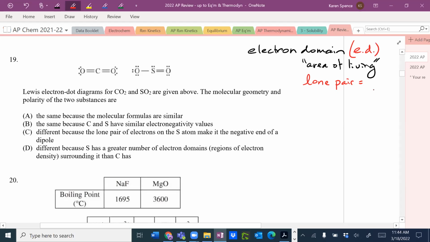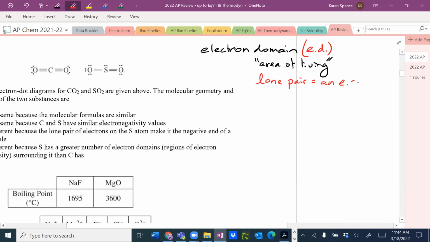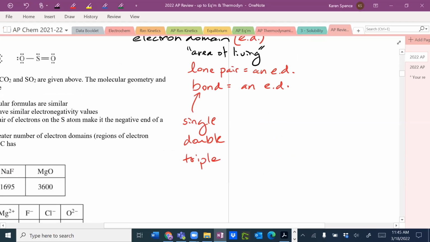ED, not erectile dysfunction, electron domain. And a bond is an electron domain. And it doesn't matter, single, double, triple, doesn't matter. They are all one electron domain.